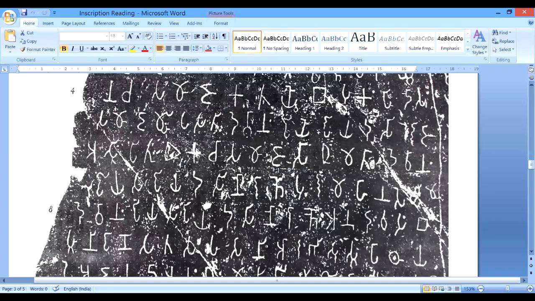Then pakara, and it is zigzag rakara, priya. Priyasa. Okay. Then priyadasino. Look at here, okara. Priyadasino. Then ra. It is raya or rayo.